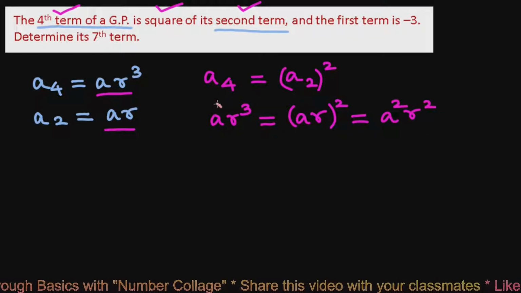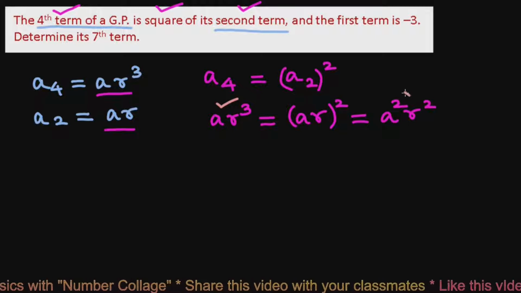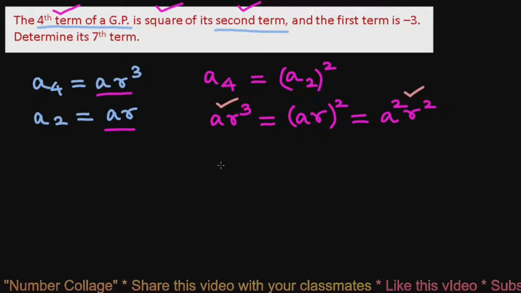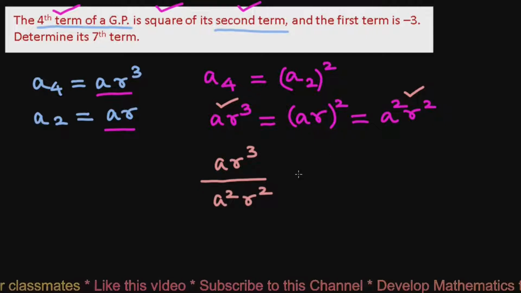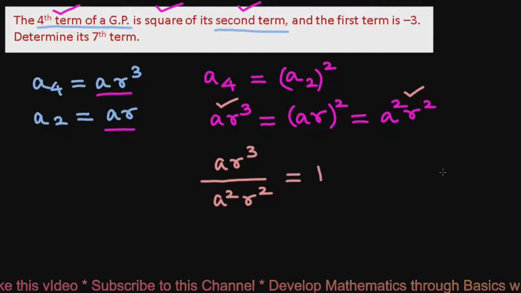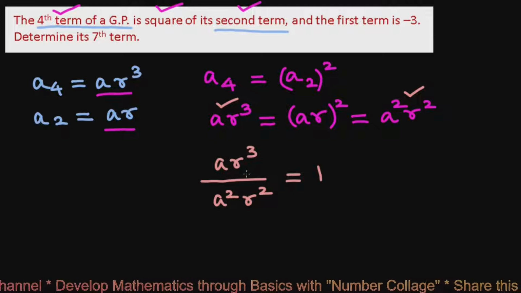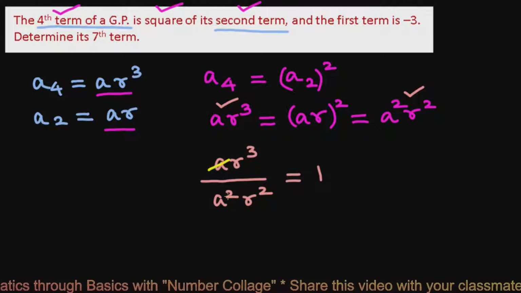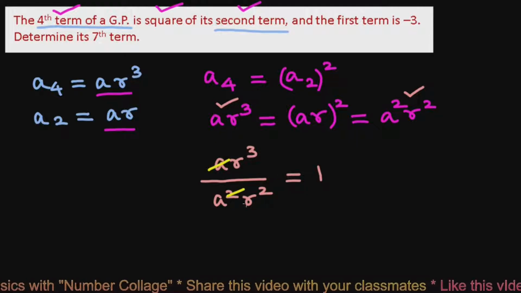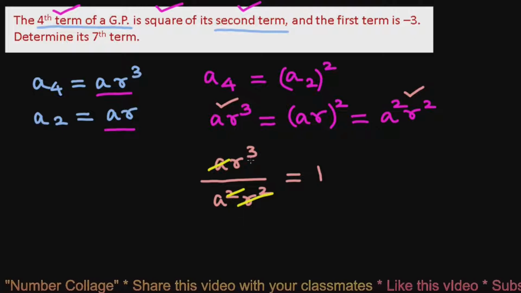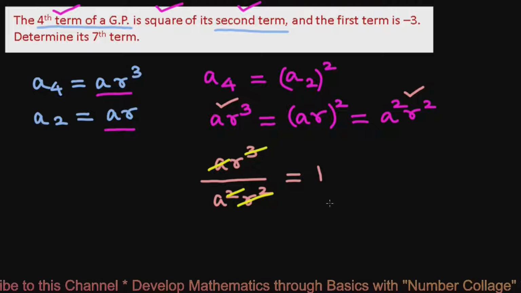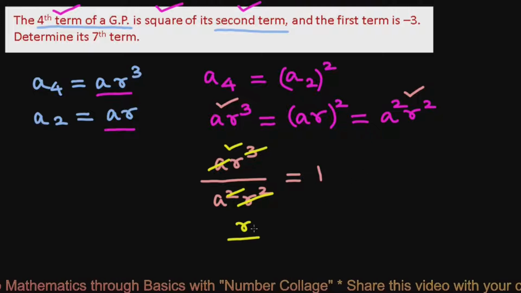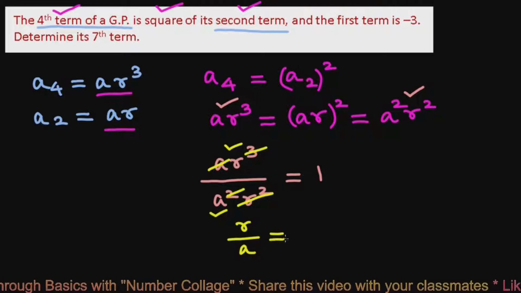Now we divide ar cube by a square r square and write ar cube upon a square r square, that gives 1. Now we will cancel this a with one a of a square. We cancel r square from r square of r cube, so that we are left with r upon a equals 1.